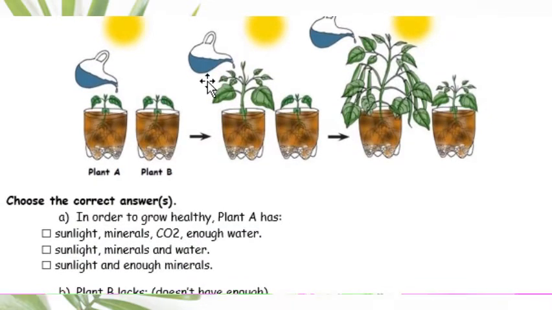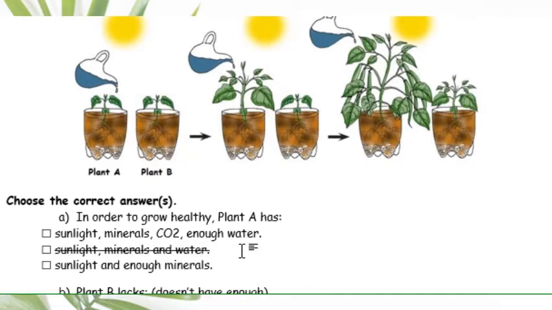In order to grow healthy, plant A has sunlight, minerals, CO2, enough water. This is the first choice. Sunlight, minerals, and water. So I think that I need to cross this one because plants also need CO2.